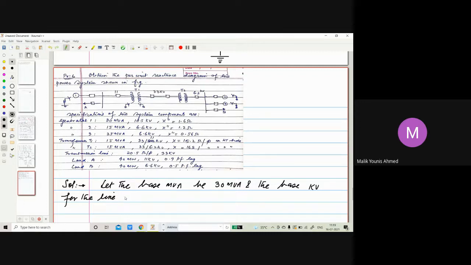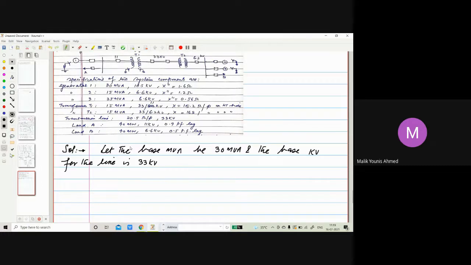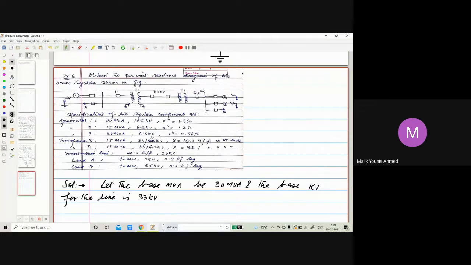So for the transmission line we are choosing 30 MVA and 33 kV. Again, one by one, we have to find the base kVs in the generator G1 side, and on the generator G2, G3, and load side. These two base kVs only we have to find.